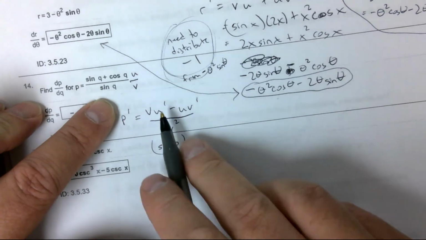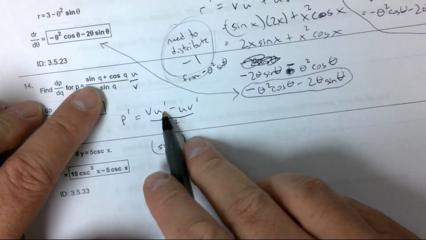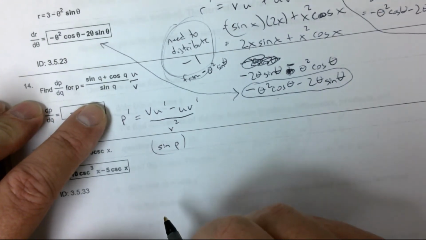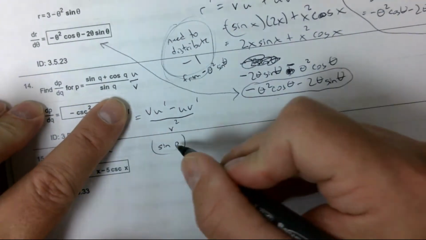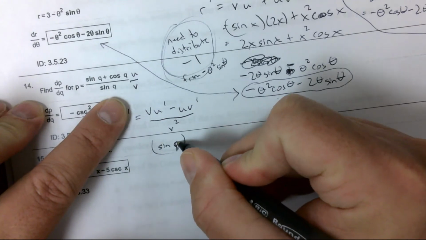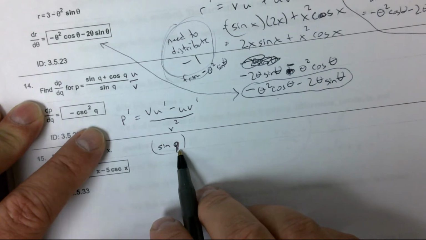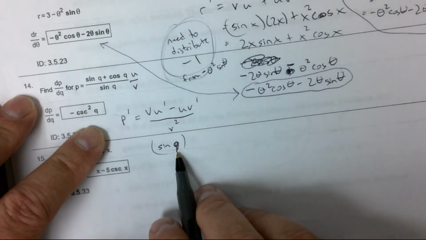Now we need our derivative of the numerator. So the derivative, that should be a q. Mind your p's and q's. You're telling me.